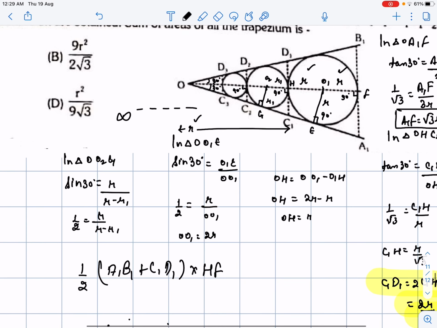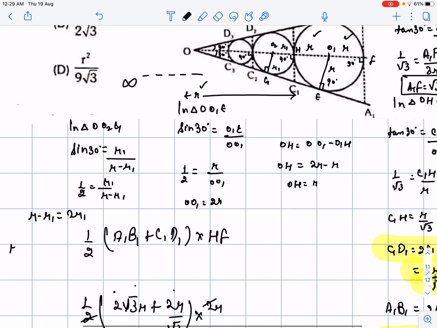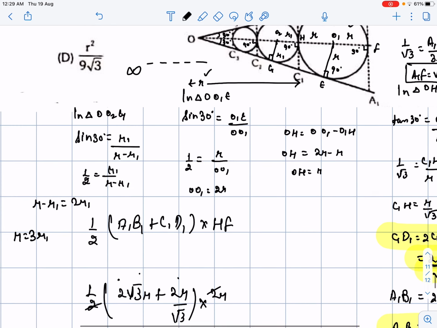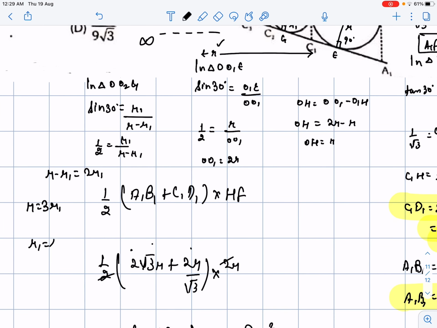Proceeding further, r minus r1 is equal to 2r1 over here, because perpendicular we do know as r1. So r is equal to 3r1 will be coming over here, or r1 will be becoming r by 3.